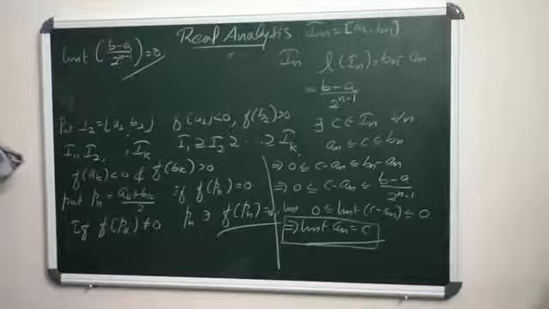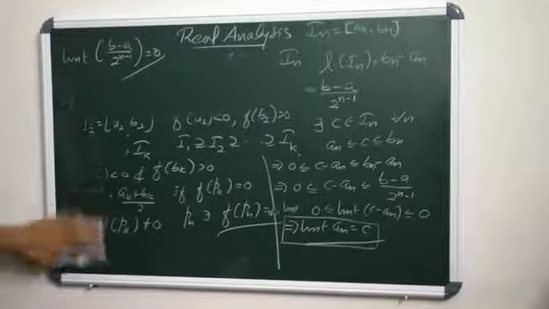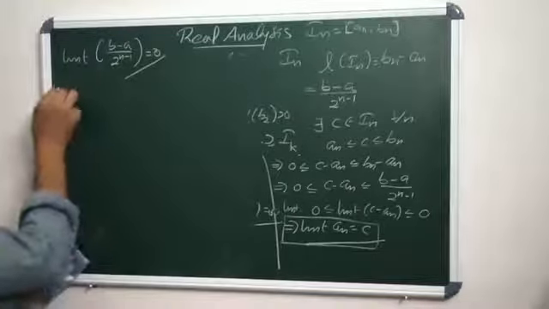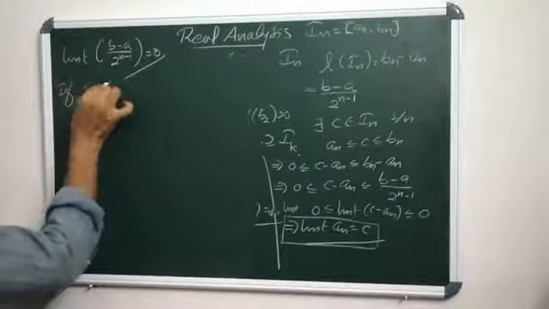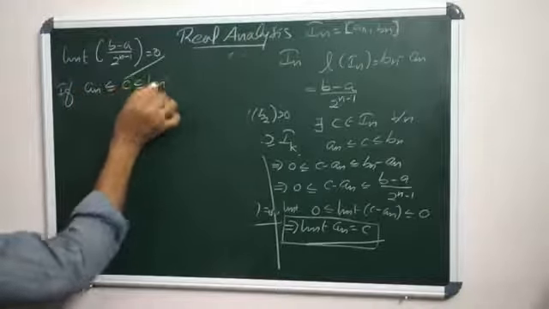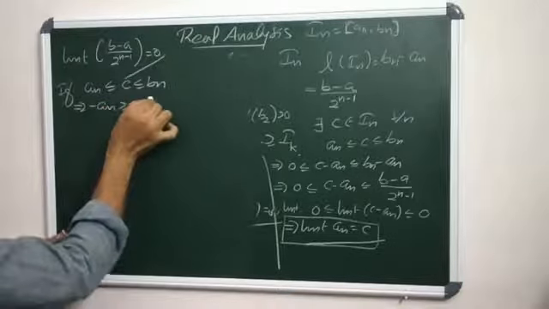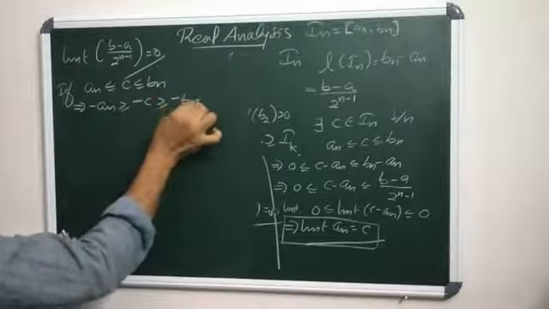Now again, consider An less than or equal to C less than or equal to Bn. If you multiply throughout by negative, minus An greater than or equal to minus C greater than or equal to minus Bn.